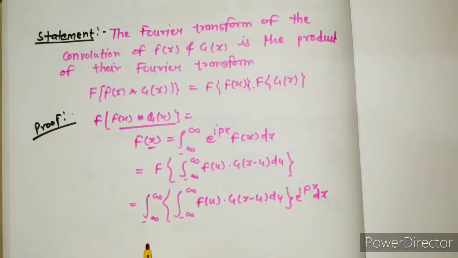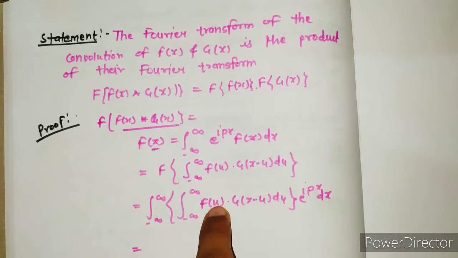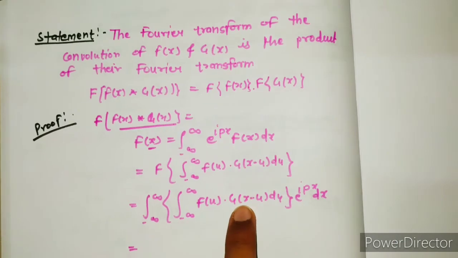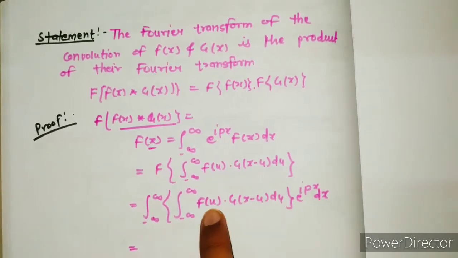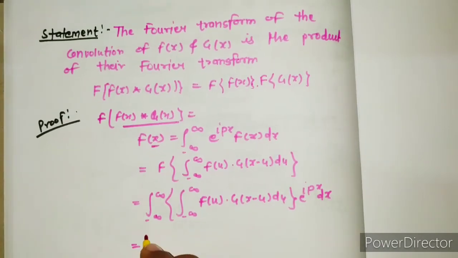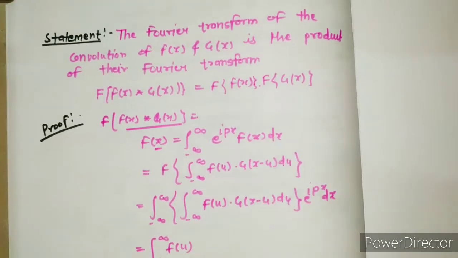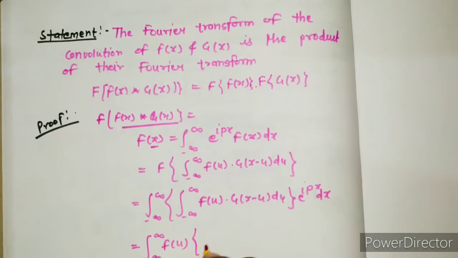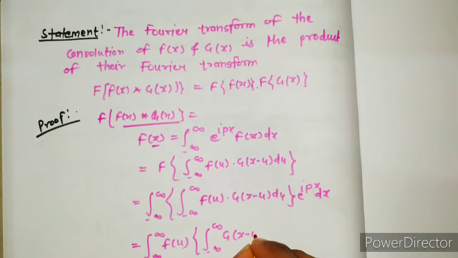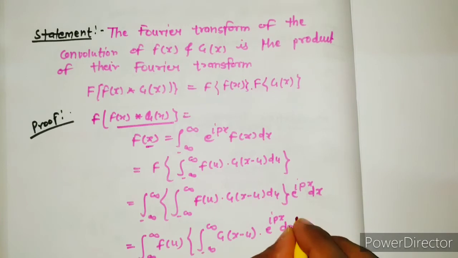Next, changing the order of integration, because this is the x term and this is the u term. The integration in the x term: the integral from minus infinity to infinity of f(u), outside, and the bracket, the integral from minus infinity to infinity of g(x - u) e^(ipx) dx, and du.